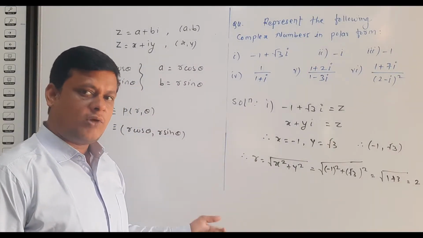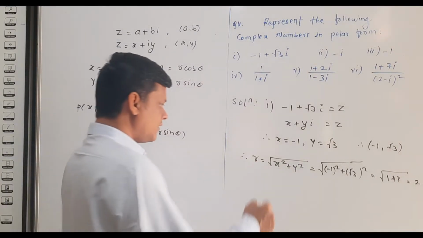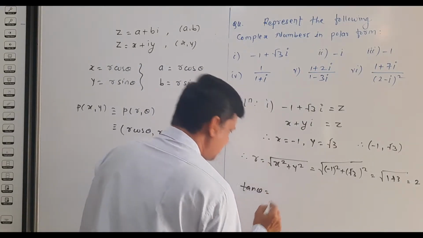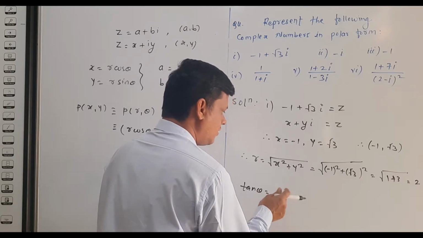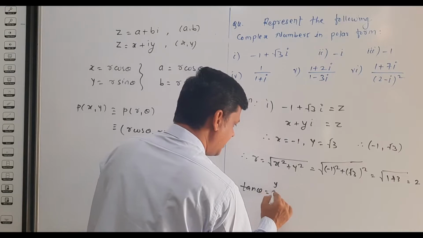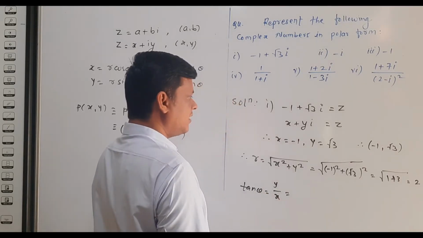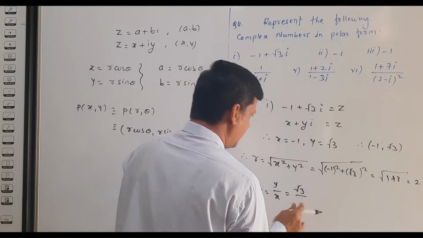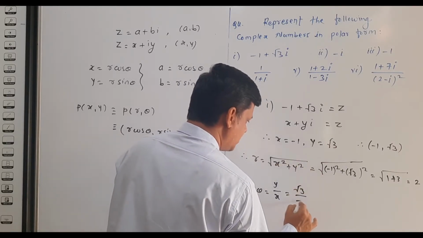Now we have to calculate the value of theta. So we know the formula, tan theta equals b by a, or in place of b here the value is y, so we write tan theta equals y by x. Now substitute y as root 3, so we write root 3 upon the value of x, which is minus 1.